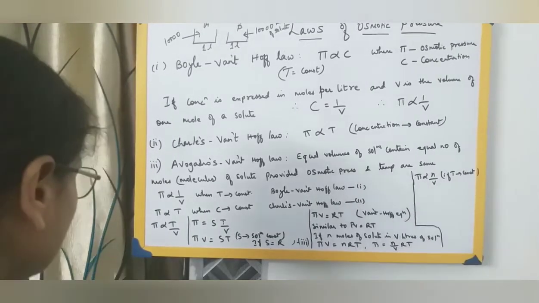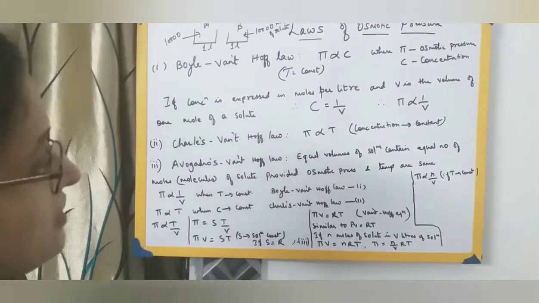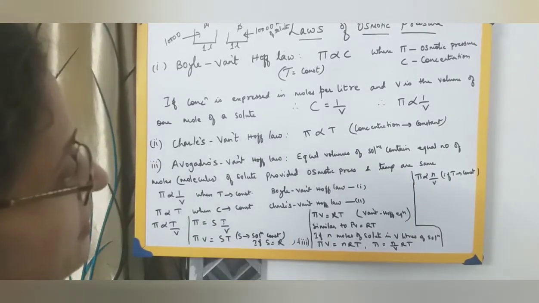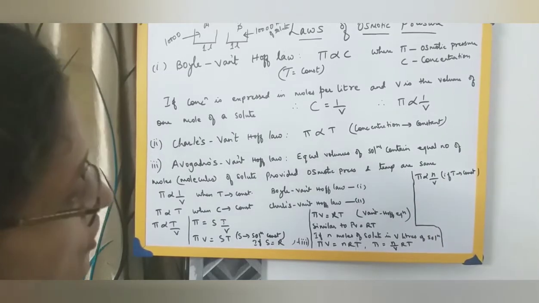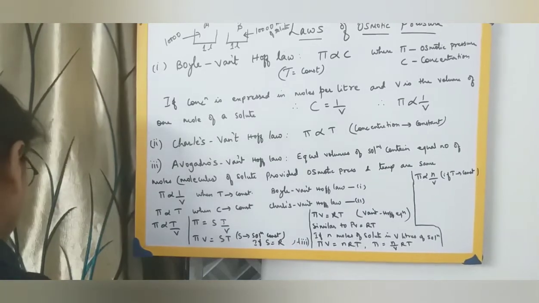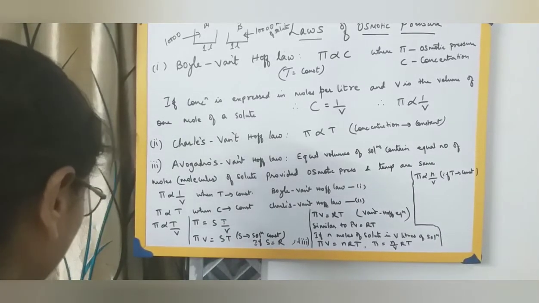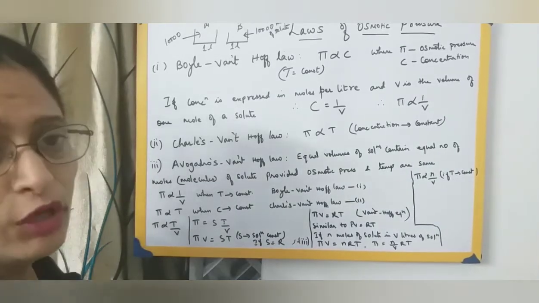From this we get a relationship for osmotic pressure: it is proportional to n/V, that is, the number of moles of the solute upon the volume of the solution in liters, when temperature is constant. So this is the equation for osmotic pressure. From it we can also determine the relative molecular mass.